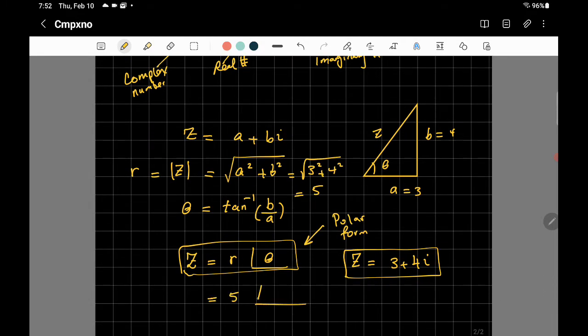What about the angle theta? Theta is equal to tan minus 1 of B over A. So theta is equal to tan minus 1 of 4 over 3. So what is the angle? Let me just calculate using the calculator.